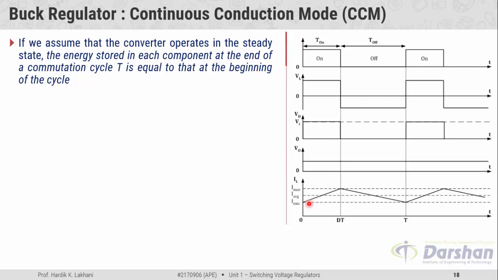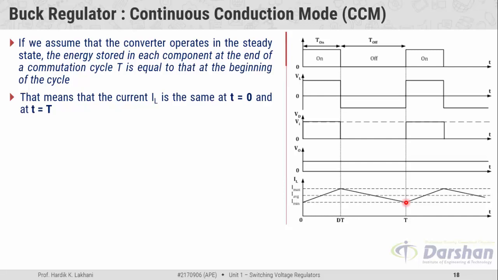The current flowing through the inductor at the beginning of the cycle is I minimum, and when the cycle ends, the current reaches I minimum again. So the magnitude of the current at the beginning and at the end of the cycle is the same. That is known as the steady state condition.